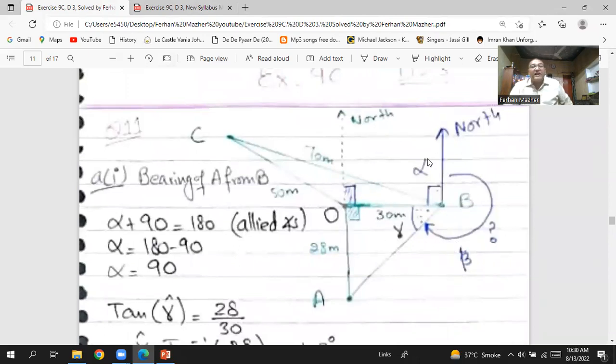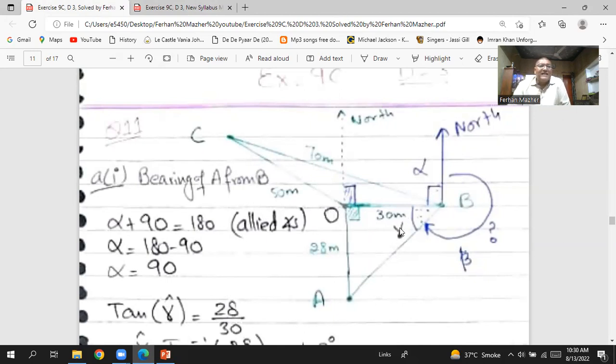First of all, I will find this angle alpha. This is 90. This is north here. The B is in the east of the O, so this bearing is 90. So I draw north here. These two angles are allied to each other. Alpha plus the 90 will be equal to 180. They are the allied angles. So the angle alpha will also be 90.